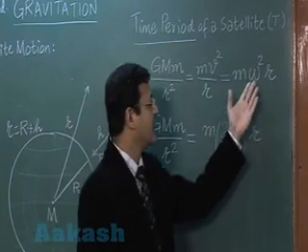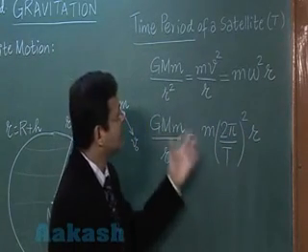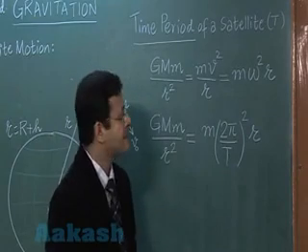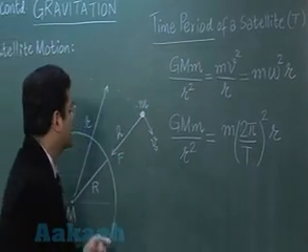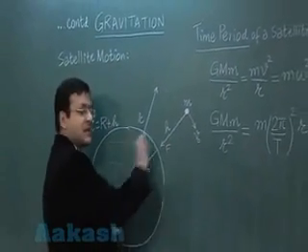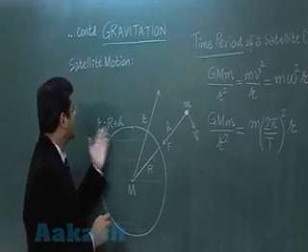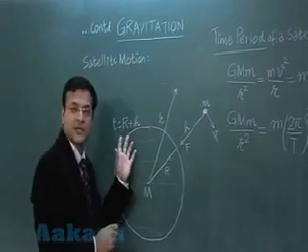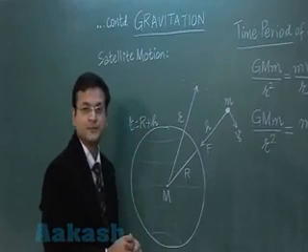This angular speed omega has been replaced by 2 pi by T. T is the time period in which you are interested. And what is this small r? This small r is the radius of the circular orbit. This is the complete distance from the center of the earth. It is not as such the altitude. Rather, you have already written the relation that the radius of the orbit is the radius of the earth plus altitude.